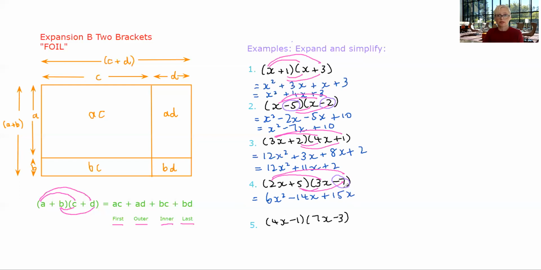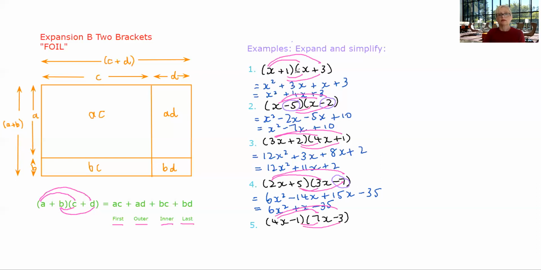And 5 times -7 is -35. And again, we've only got our x terms as our like terms. In this case, negative 14x plus 15x is plus x. And that one's done.